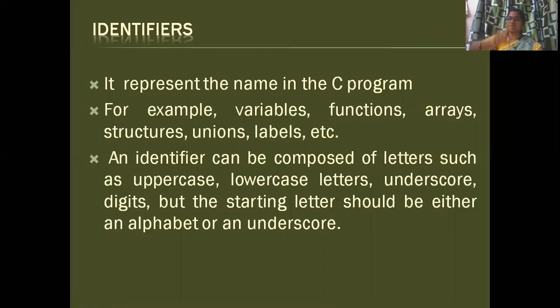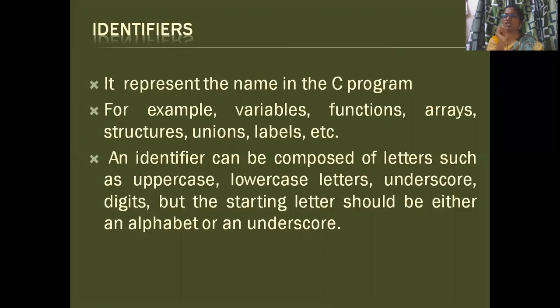For jumping statements, I have given you the example. So naming can be done by making use of an identifier. An identifier can be composed of letters, all lowercase and uppercase letters, underscores, and digits from 0 to 9.